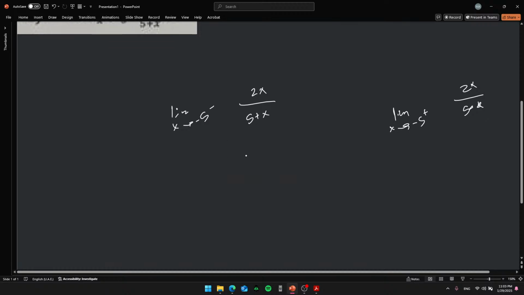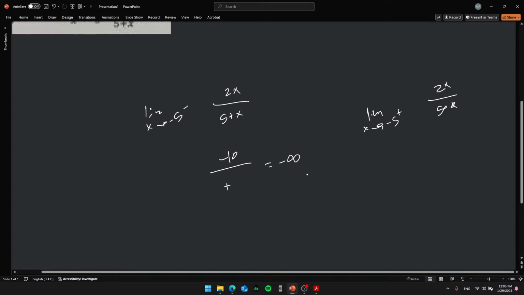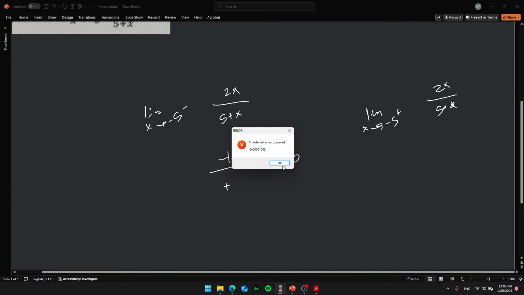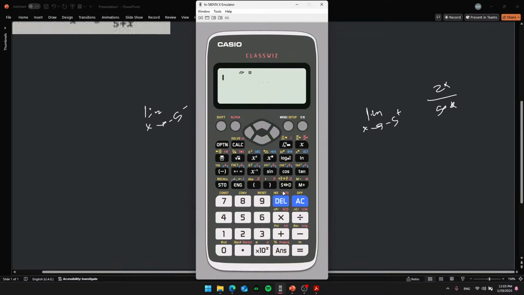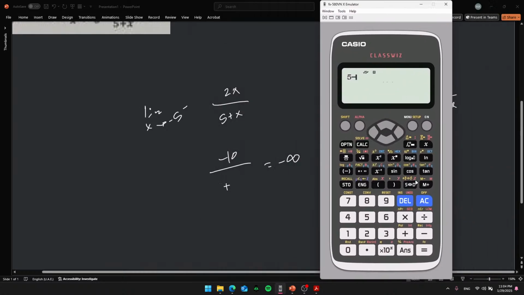So -10 over -5 from the left, so it's a positive number, so -infinity. Right? -5 from the left, like -5.1.